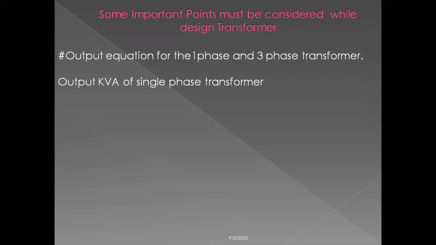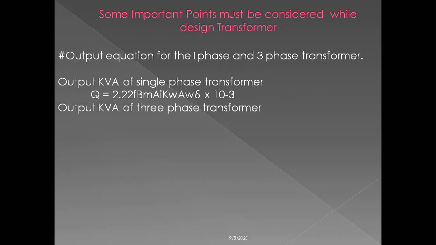For a single phase transformer, the output equation is Q, that is kVA output, equals 2.22 F BM AI KW AW rho, where F is frequency, BM is maximum flux density, AI is net iron area, KW is space factor, AW is window area, and rho is the current density.